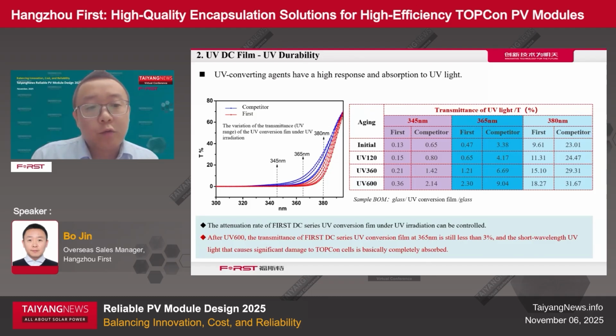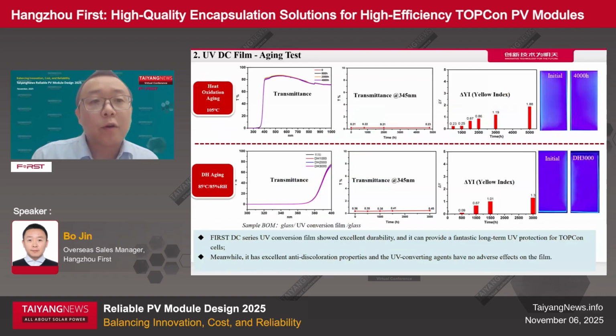After UV 600, the UV conversion film at 365 nanometer is still less than 3%. And we also conducted the heating test. After the heating, the discoloration is under control, and the down conversion function is still working well.